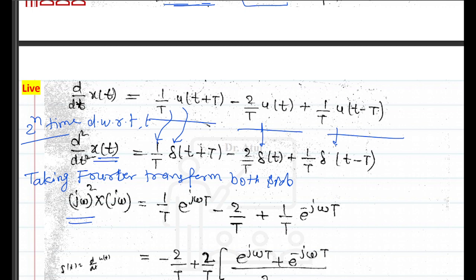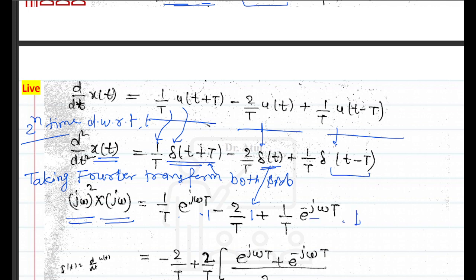Now here it is the shifting of delta t. The Fourier transform of delta t is 1, and here it is shifted by T, therefore e to the power j omega T will be multiplied. Now minus 2 upon T, the Fourier transform of delta t is 1, shifted by minus T, so e to the power minus j omega T into 1.